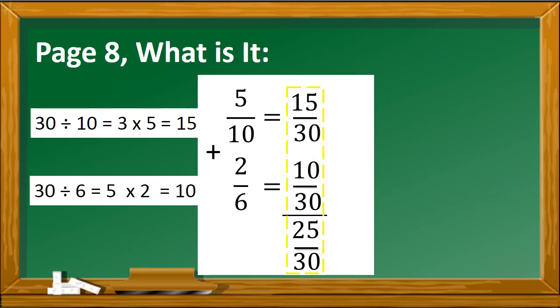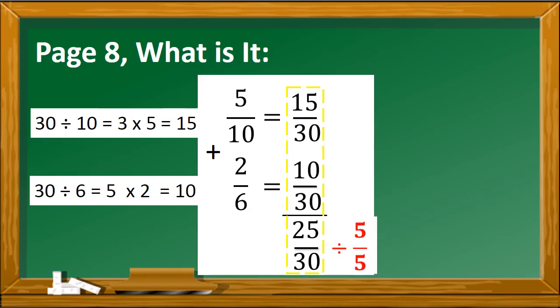Hence, 15 30ths plus 10 30ths is equal to 25 30ths, which is equal to 5/6. How? 25 30ths is not yet in its simplest form or lowest terms. 25 and 30 have common factors, and the greatest common factor or GCF is 5.